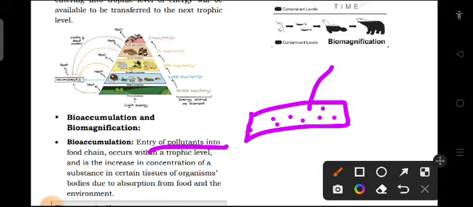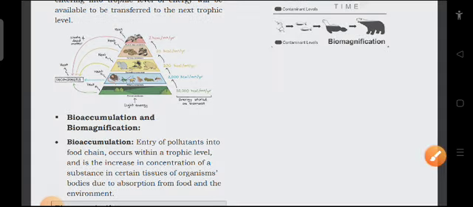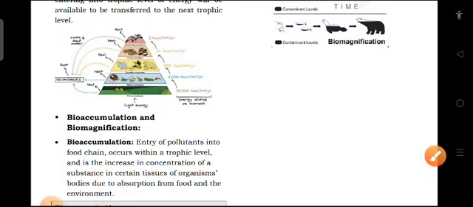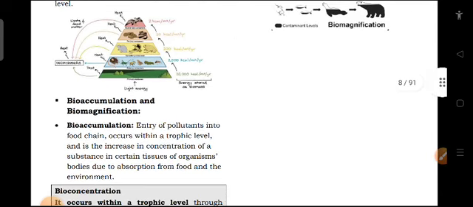So here the pollutant is being accumulated in this particular trophic level. This is called bioaccumulation. So there is an increase in the concentration of a pollutant substance in certain tissue of an organism or body due to absorption from the food and environment. So this particular pollutant is contaminating the food or the environment, and its content increases in that particular body. This is called bioaccumulation.